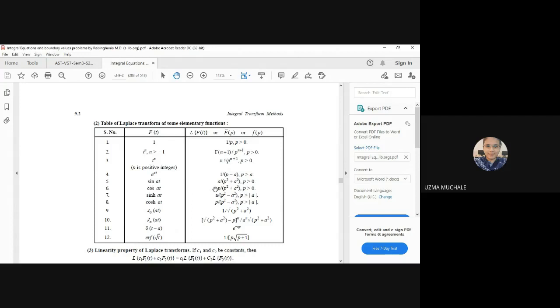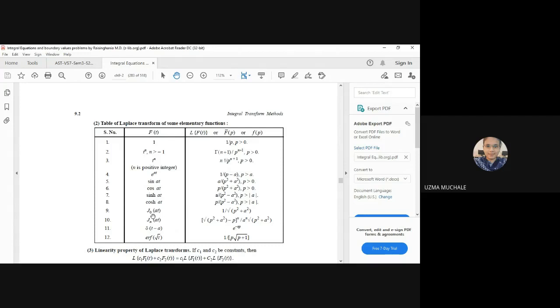The Laplace transform of sine of at is a upon p square plus a square. The Laplace transform of cos of at is p upon p square plus a square. The Laplace transform of hyperbolic sine is a upon p square minus a square, and of hyperbolic cos it is p upon p square minus a square. And what is this J naught of at?